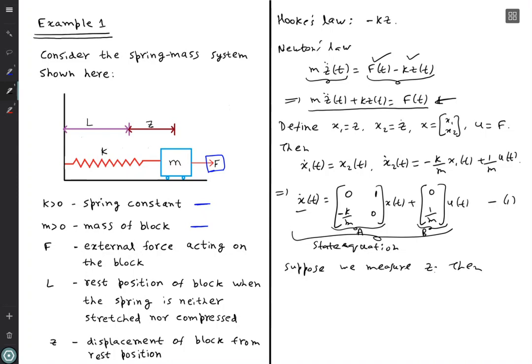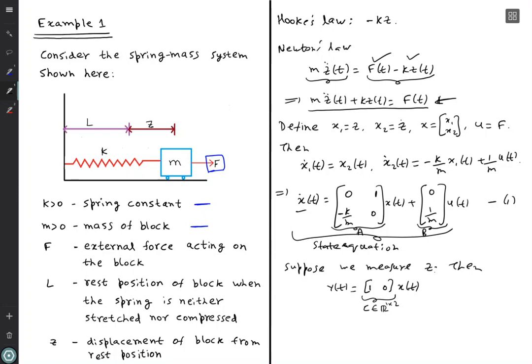Then the output equation becomes y of t is [1 0] applied to x of t. x of t is x1 x2, so [1 0] applied to it gives me x1 of t, which is exactly z of t. So this is my output equation, and this is the C matrix, which is a 1 cross 2 matrix.